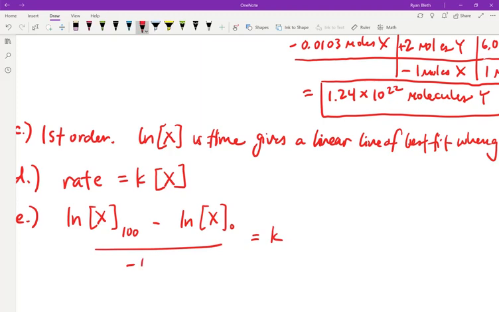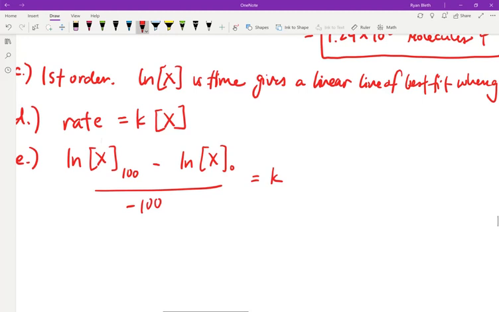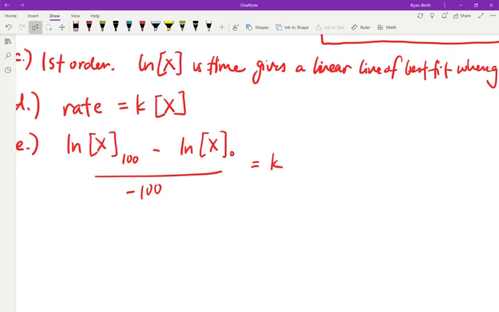And again, I'm just taking that equation from the formula sheet and rearranging it to get k by itself. So if I go to my data table and plug things in, the natural log of x at 100 minutes is given in the data table. They actually have the raw data there for us, so that's kind of handy. Negative 7.013 minus the natural log of x at time equals 0, so that's negative 5.062.